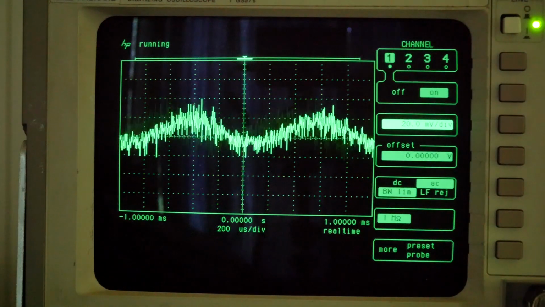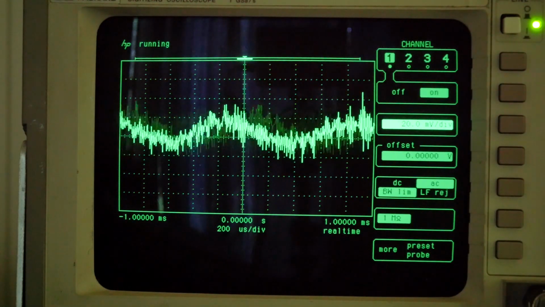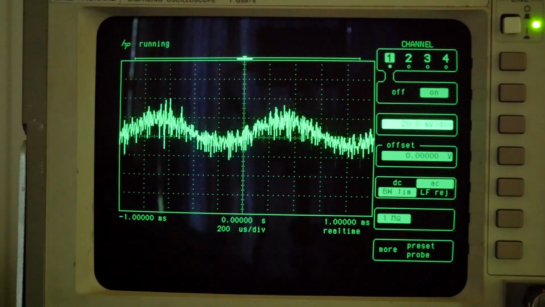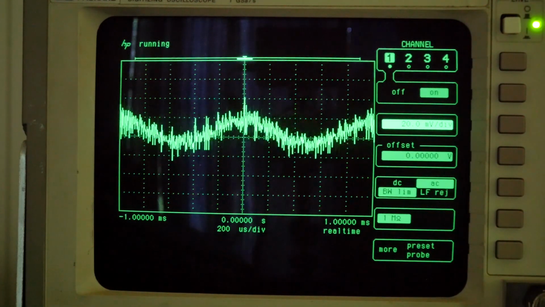Okay, so we've powered up the scope, and I've got it set to some 200 microseconds per division, 20 millivolts per division, and we're just going to probe the error amplifier output. There we go. And what we see is a combination of the 1 kilohertz tone, which is coming through, and some real high frequency stuff on top of that.